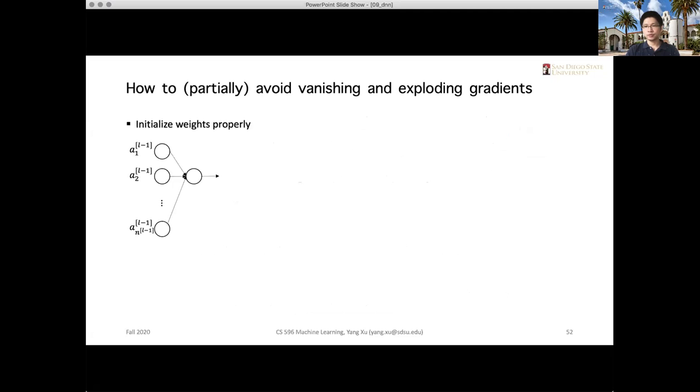one layer with one output unit here, if you focus on the second layer, which only has one unit, the z is a linear combination of the activations from the previous layer, right? So we want the weights w to be small and also to have a variance close to 1 over n^(L-1), which is the number of units in the previous layer.